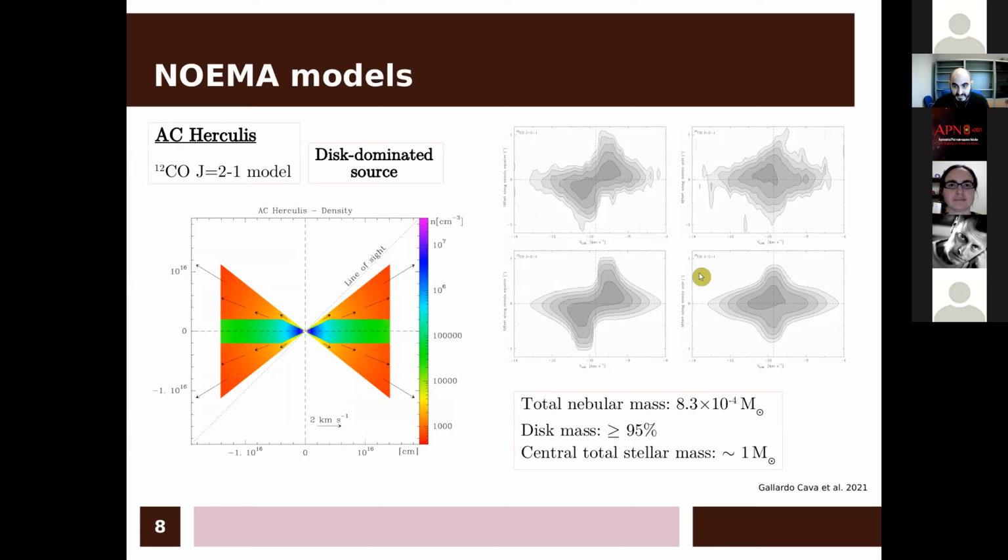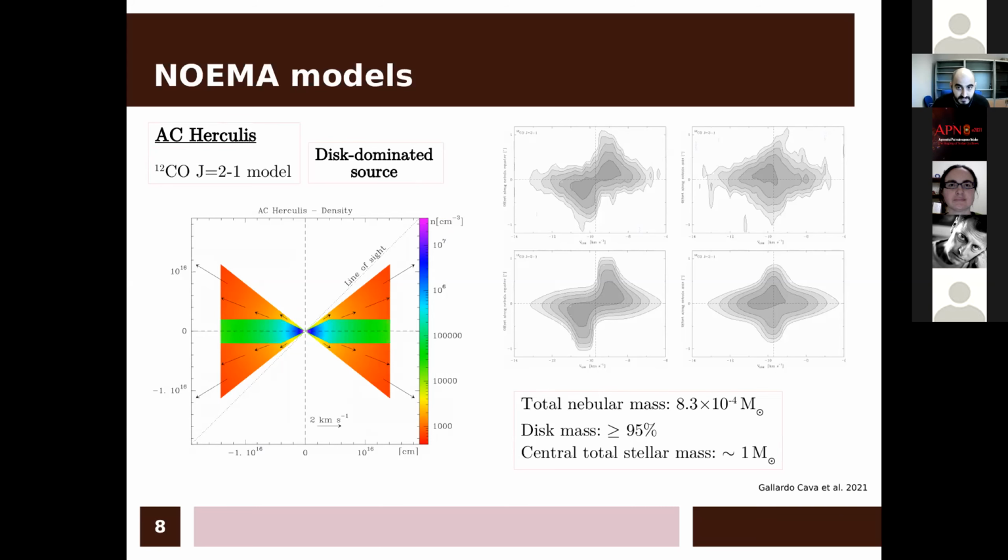We see that they are very similar, and I show you too the result of our model, where we see a very high density region in the center, which corresponds to the disk, and a very low density region, the outflow, that surrounds that disk. So in the case of AC Herculis, we have a nebula that is absolutely dominated by the disk, because at least 95% of the total mass is contained here. So this source is a disk-dominated source.